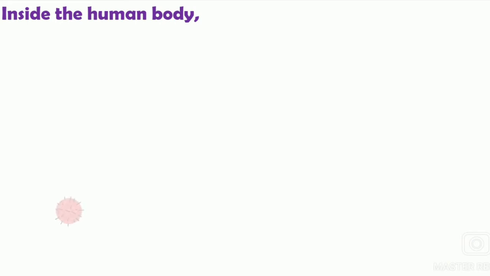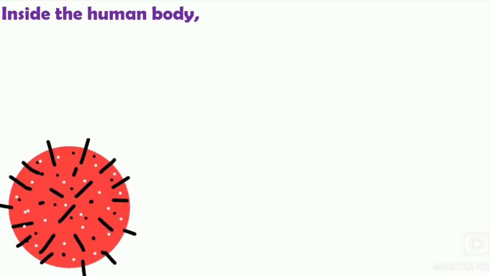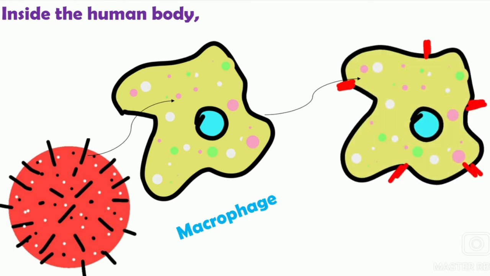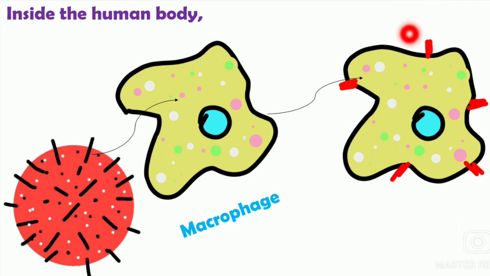Whenever a foreign body is detected inside our body, the first cells it encounters are the huge macrophages, which engulf them and digest them until small remains of it are left, which are presented on the surface of our macrophage, and this process is known as antigen presentation. We have talked about this previously, that these are known as antigens because they have the ability to elicit the production of antibodies.